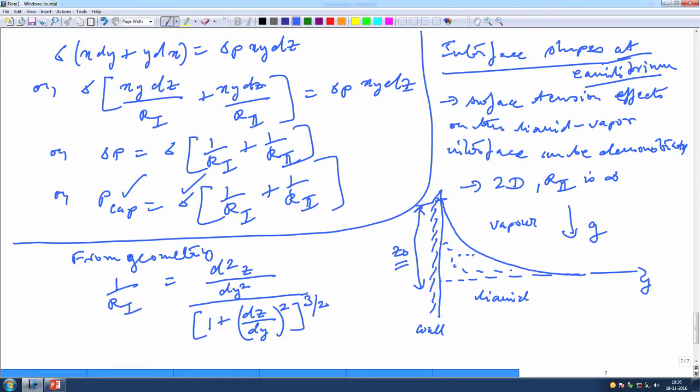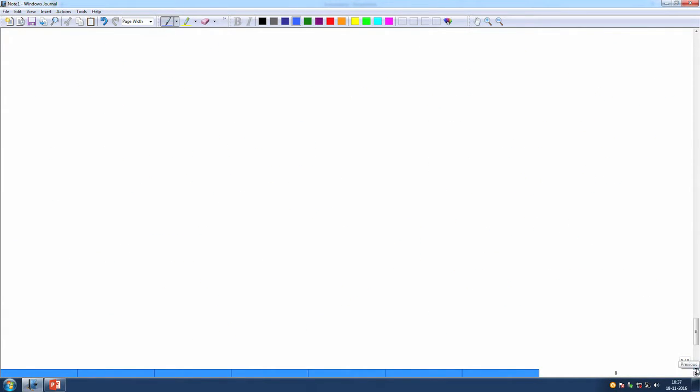This is written in terms of the gradients. The z-y surface is a geometric surface. That should be the expression for R1, but we have to find out what the functional form of these terms is. That is the whole purpose of doing this exercise. Okay. Let us move to the next one.